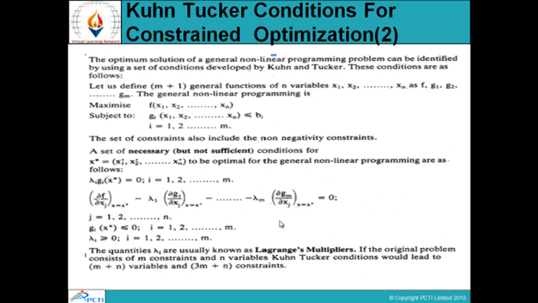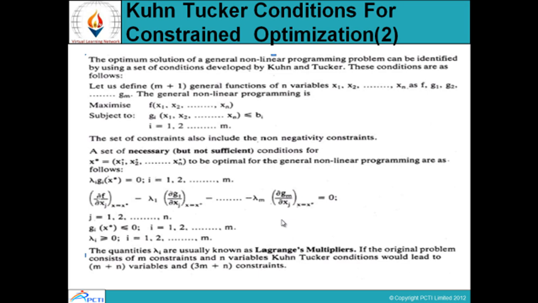The set of constraints also includes the non-negativity constraints. A set of necessary but not sufficient conditions for x equal to (x1, x2, x3, ..., xn) to be optimal for the general nonlinear programming problem are as follows.